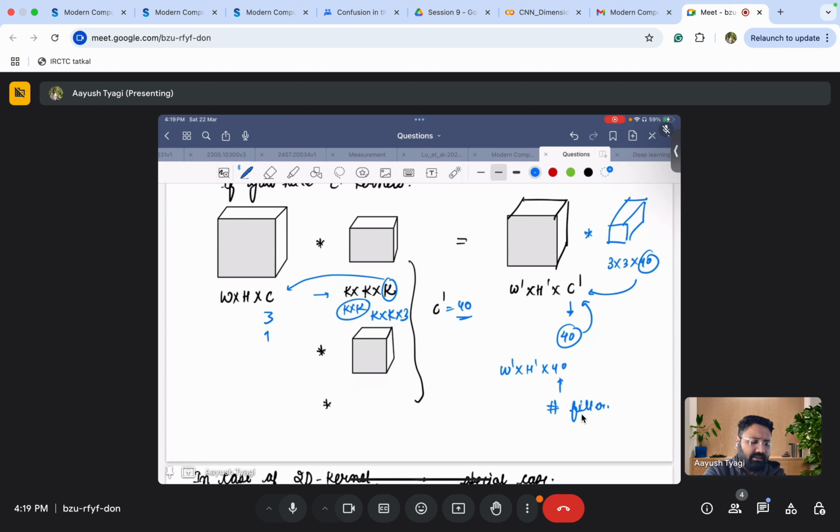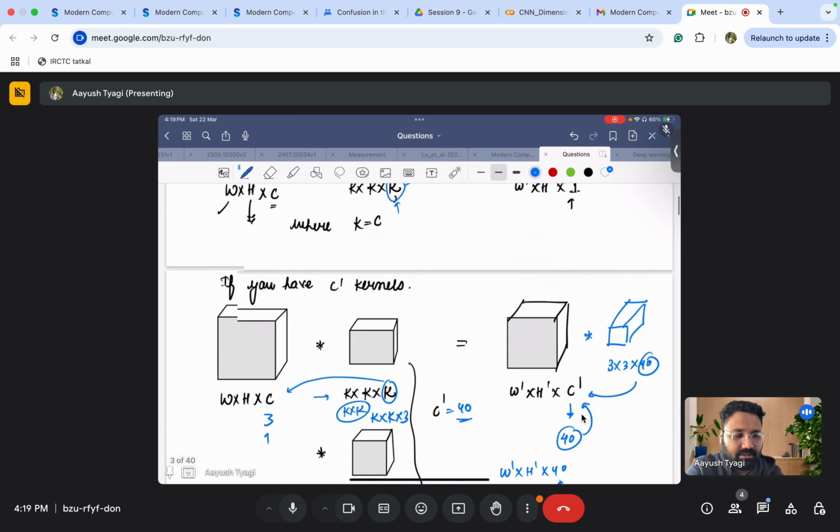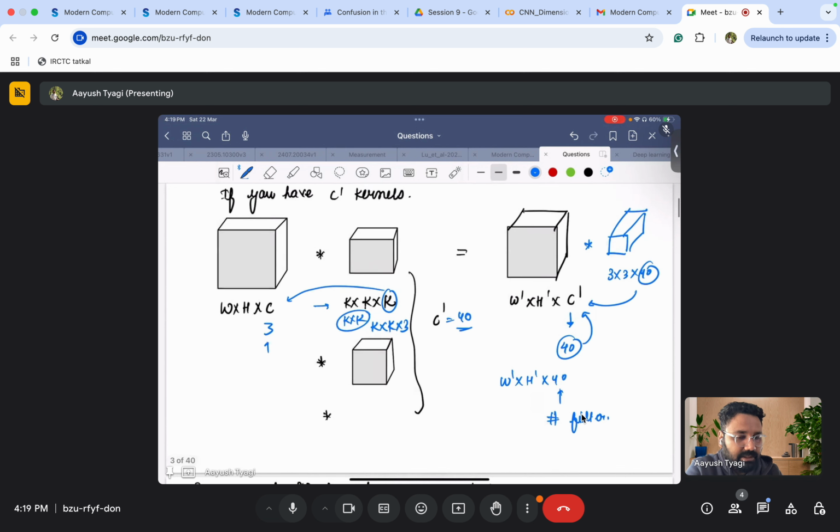Filters were increasing, right? Yes. So what will happen is, this is your first layer, your input layer, this is your input image. You have the first 40 filters, and each filter has a k cross k dimension, right? But implicitly it means you have k cross k cross 3 dimension.